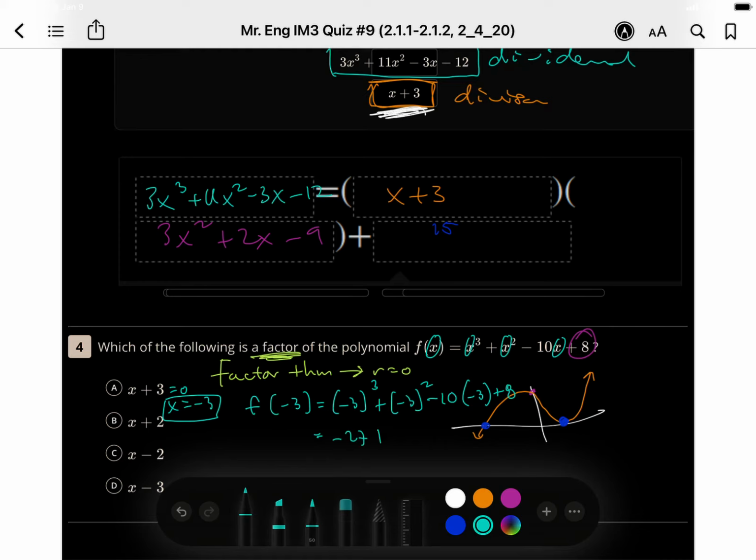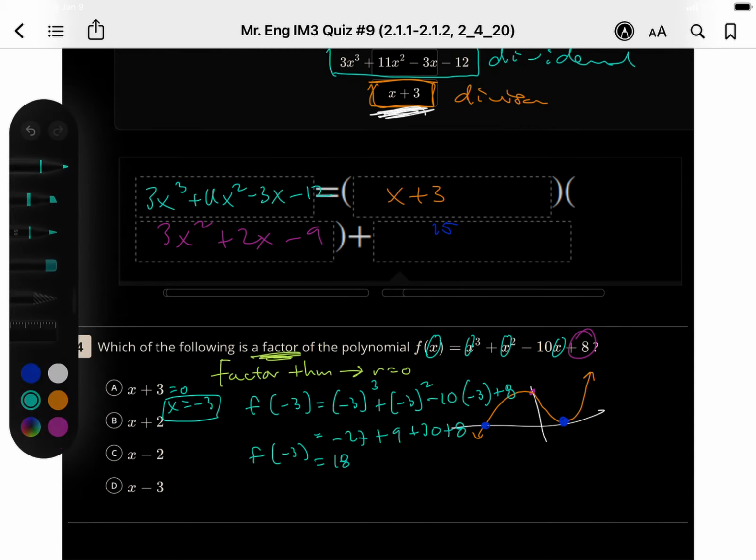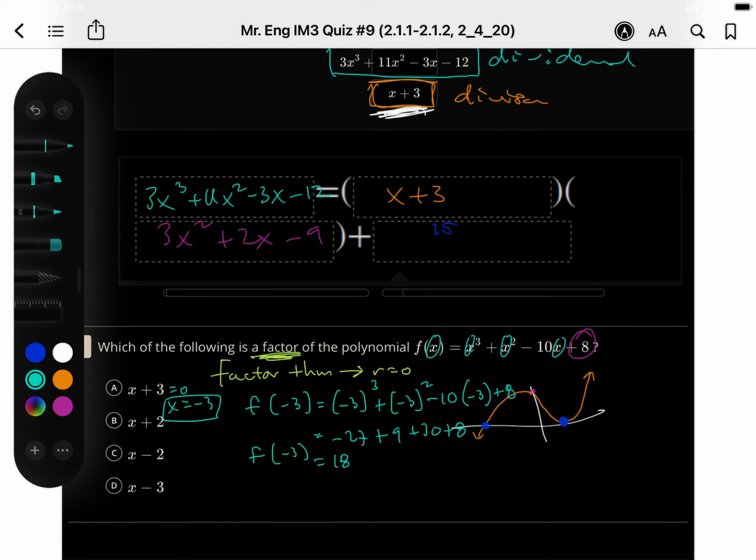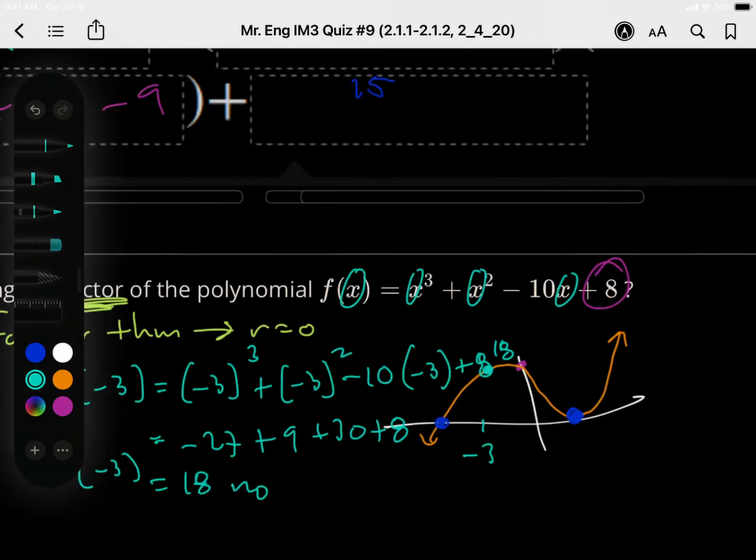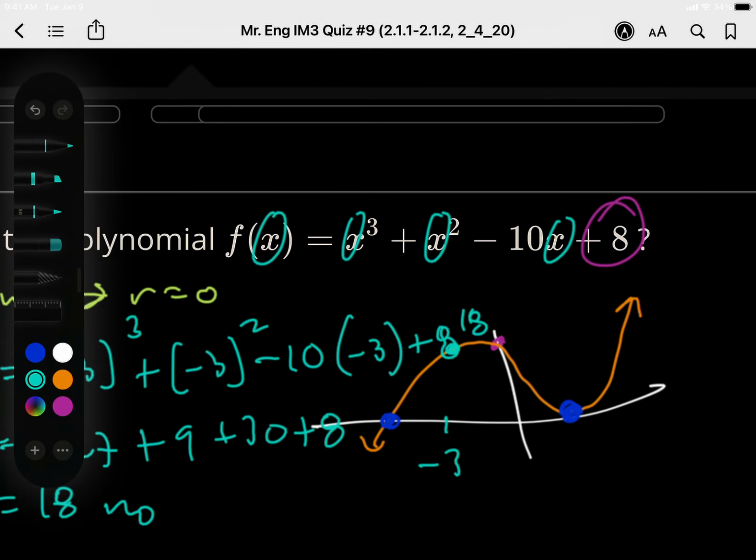Negative 3 squared is positive 9, positive 30, and then plus 8. So plus 3 equals 18. So the question is, is this a factor? The answer would be, for this one, no. Why? Because at, say, negative 3, the graph is up here at 18. Does that make sense? It's not crossing the x-axis.